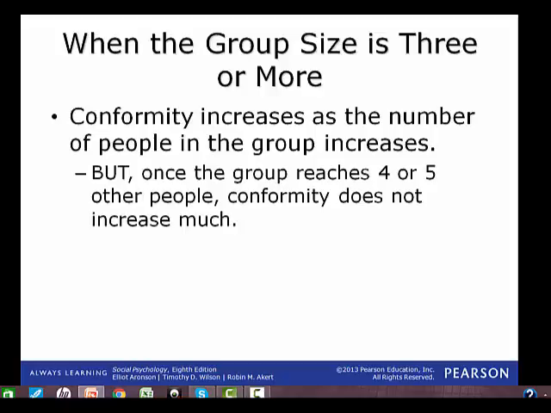So it doesn't necessarily continue to be more difficult with very large groups. Also, perhaps with larger groups, you haven't had a chance to interact with each person as much. We'll talk more about groups next week. But whatever the case may be, as the group gets larger, it doesn't really get more difficult to resist conformity after about 4 or 5.